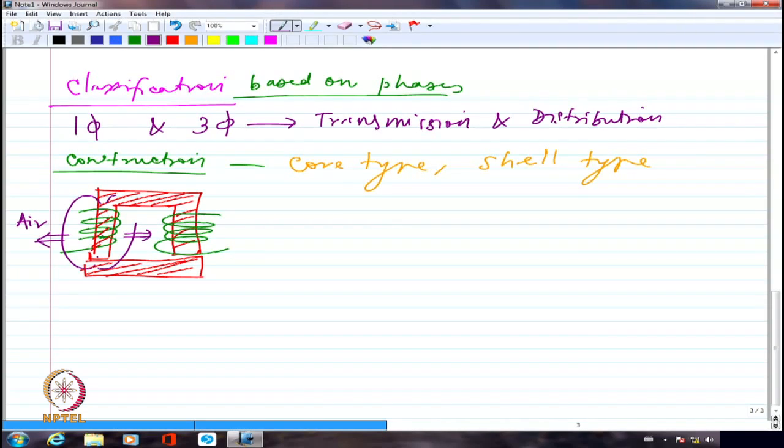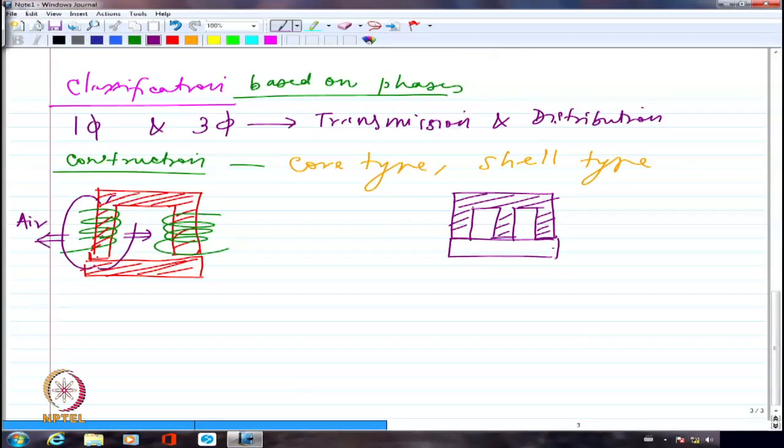Whereas in shell construction, I may have actually an E type of core. For example, I am just showing that this is in the shape of E. This is how it is. And I am going to have basically this as my core, and I am going to close this with the help of, again, a straight line like this.